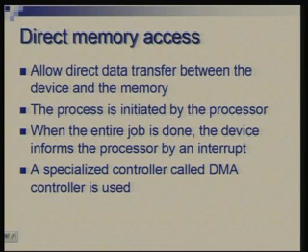Once that initialization is done, the processor can get busy with something else, and as the words or bytes come from the disk drive, they get transferred directly to the memory, and the processor does not come to know of that. The processor of course needs to be informed when the entire job is done, and at that time the processor can check whether the transfer has taken place correctly or not.